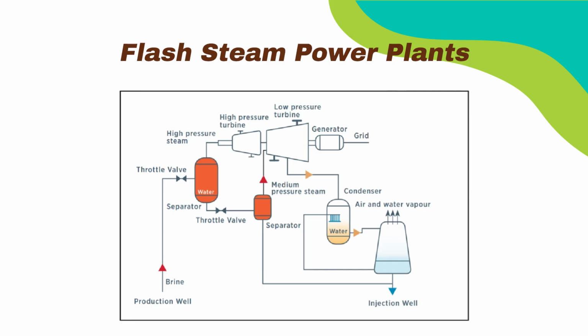Second, flash steam power plants. Flash steam power plants are the most common type of geothermal power plants globally. They utilize high pressure, high temperature hot water from underground reservoirs to produce steam and generate electricity.